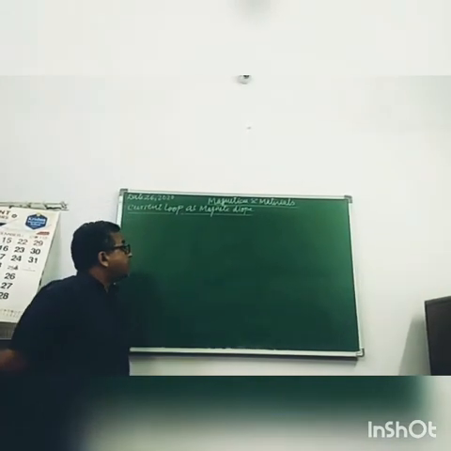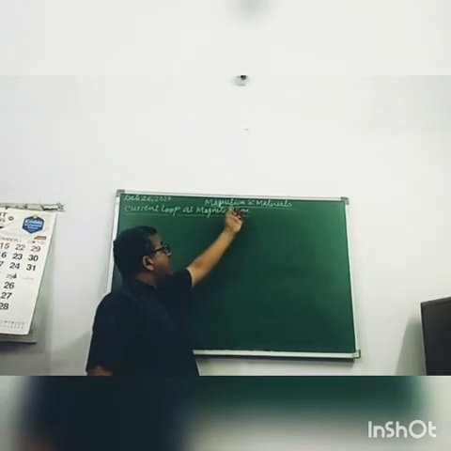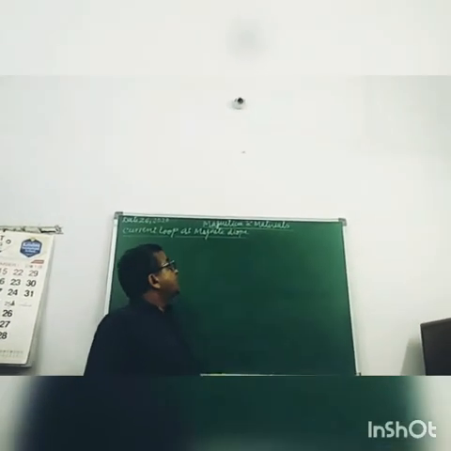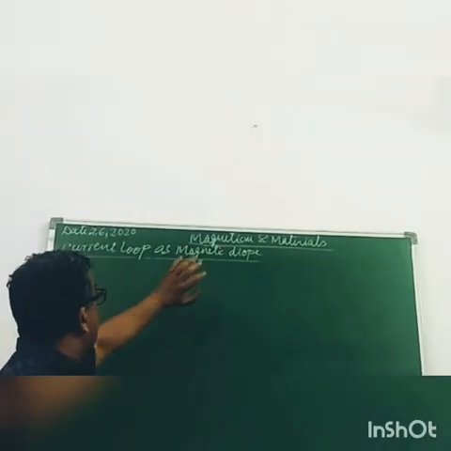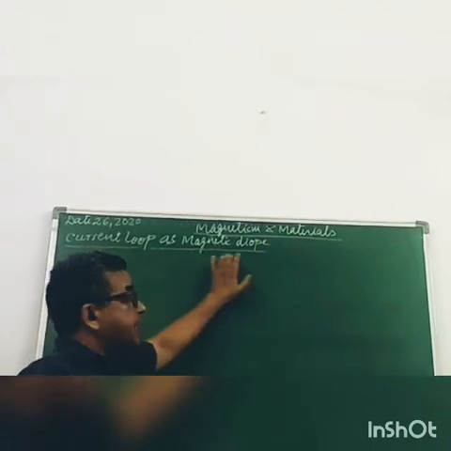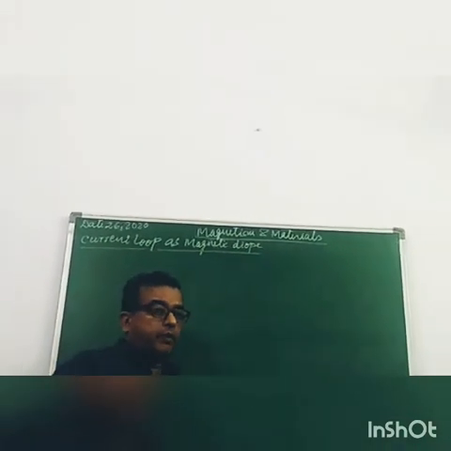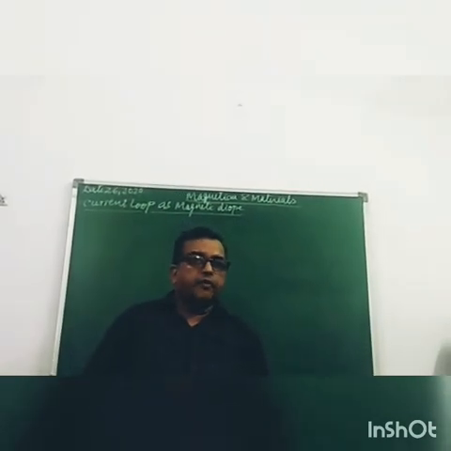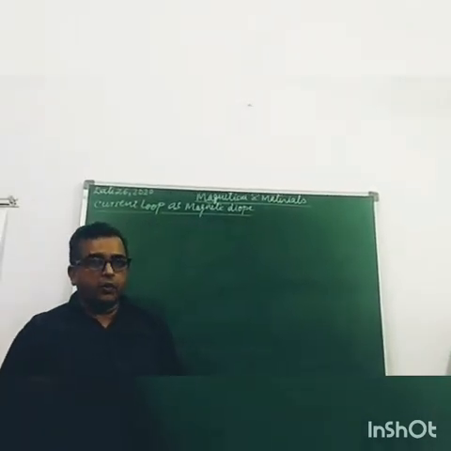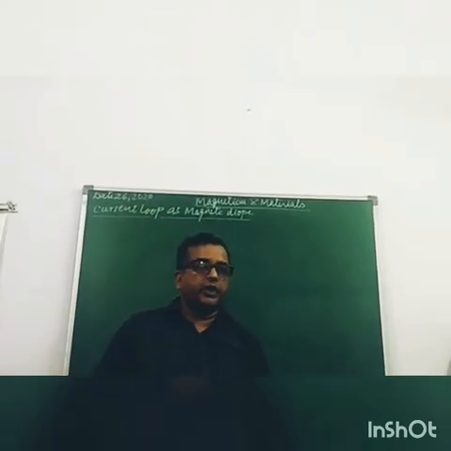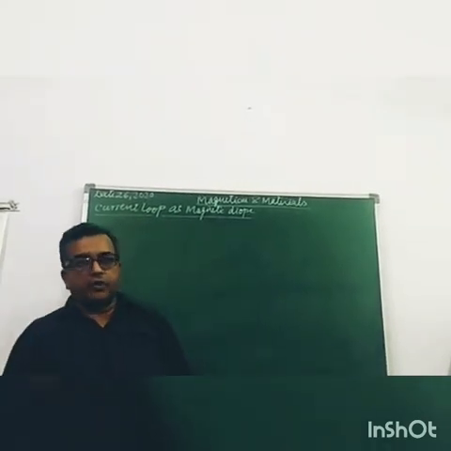Now we are discussing magnetism and matter. So in magnetism and matter, the topic is current loop as a magnetic dipole. We know that whenever a current loop is placed in a magnetic field, a torque acts on it.